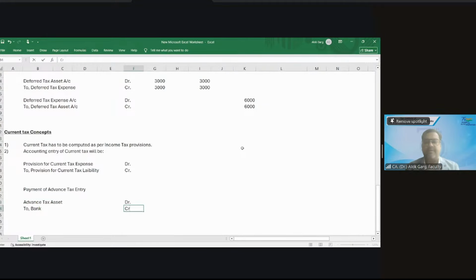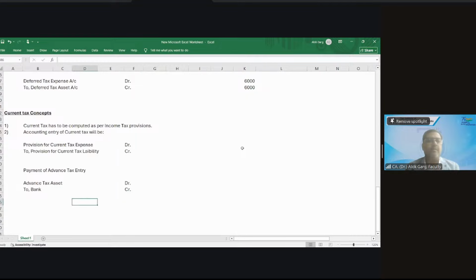Debit, credit. In the balance sheet, advance tax and TDS need to be netted off from the provision of current tax liability.